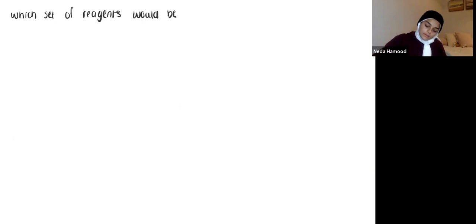So let's see, this one, which set of reagents would be the best choice for the transformation shown?